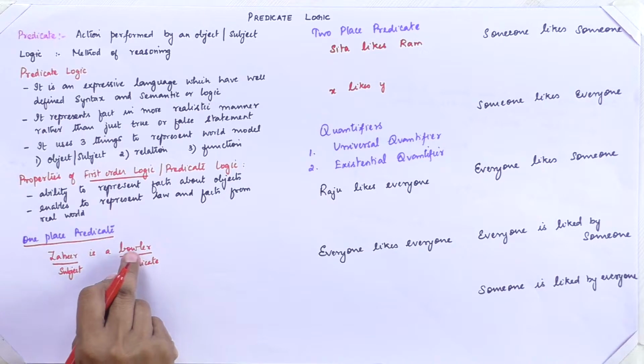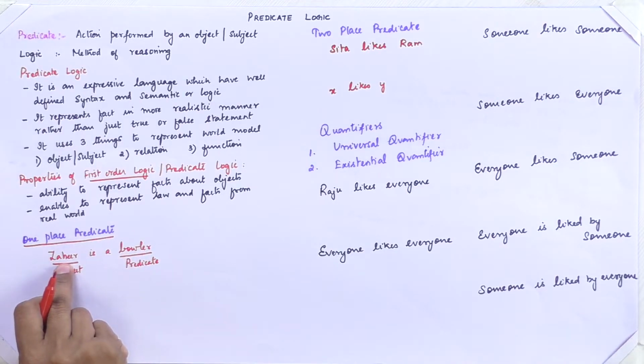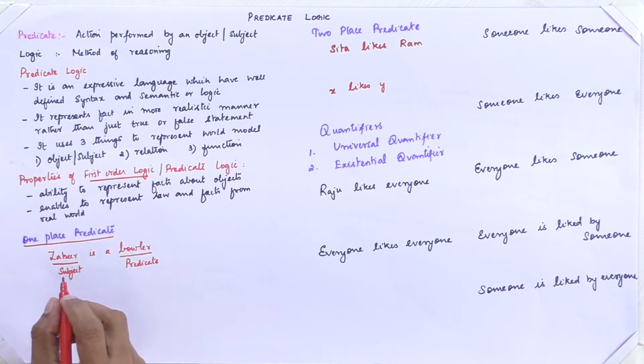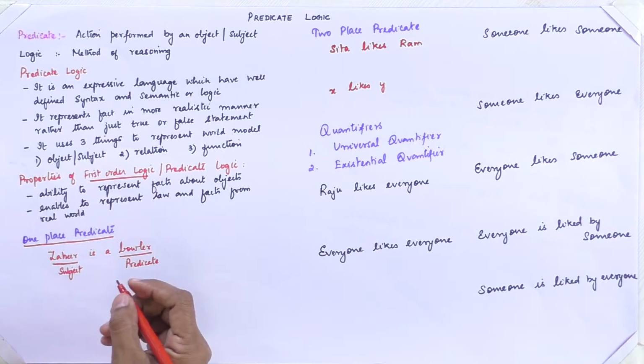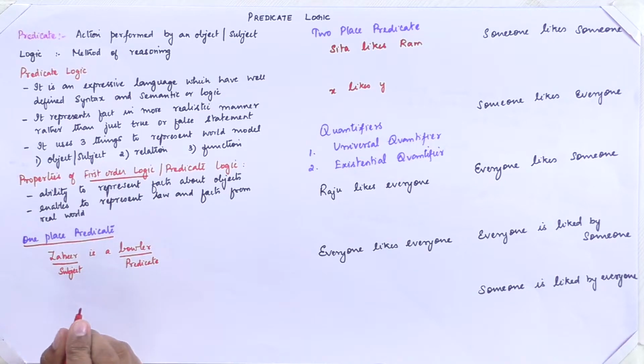You have only one predicate along with the subject, only one thing. So how to express this one place predicate symbolically? If we want to represent this in symbolic form, we first write down the predicate and then, within the parenthesis, the subject, as a short form, right? So what is the predicate here? Bowler.